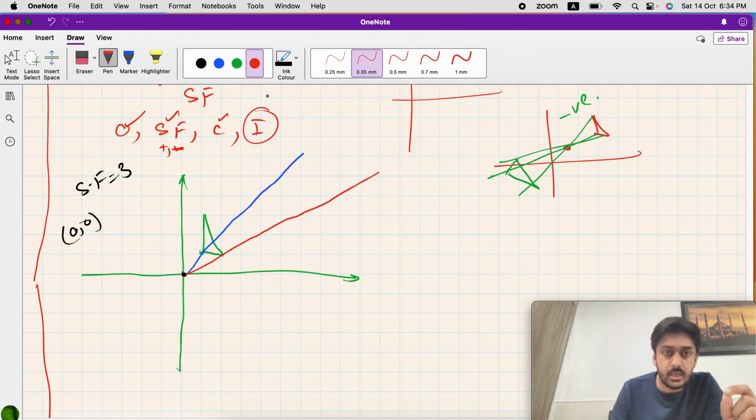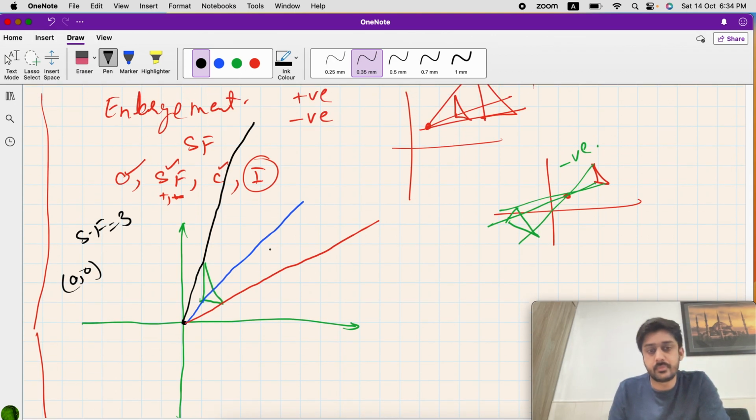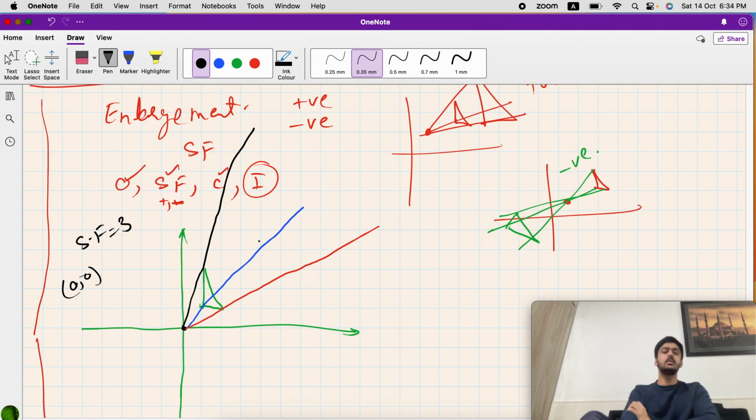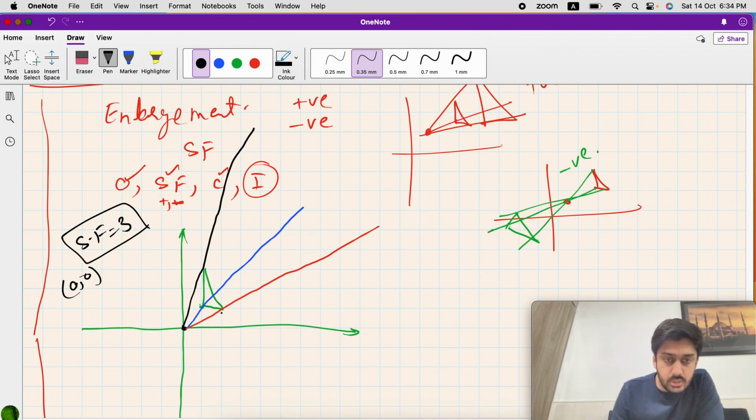So join every line and extend it. It should look like this. When a scale factor of 3 is given, you see this is the first length, second length, third length. You can draw this by counting, or you can draw this using a compass.